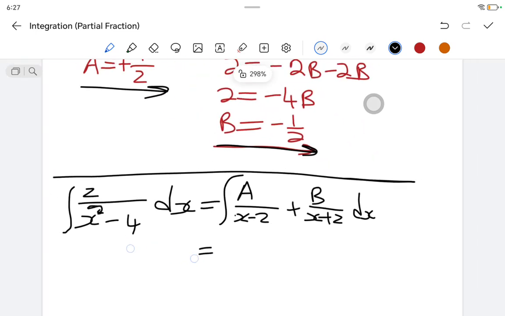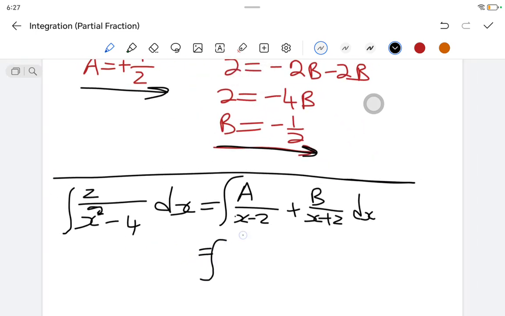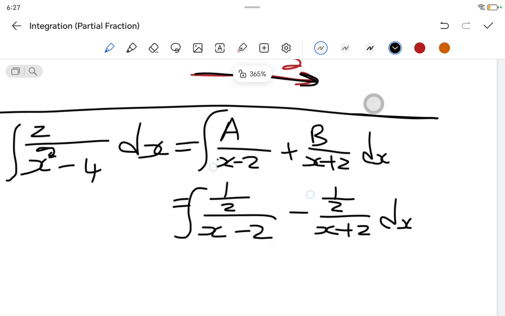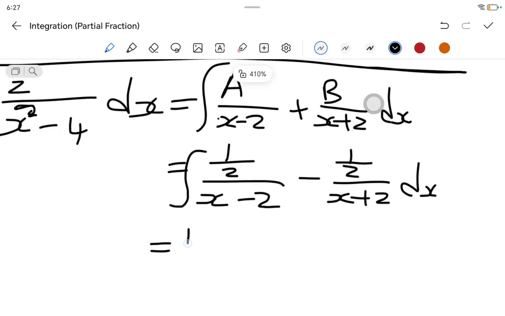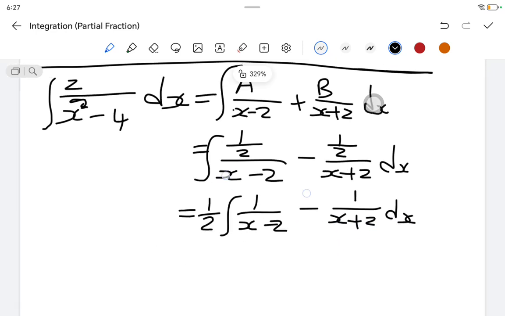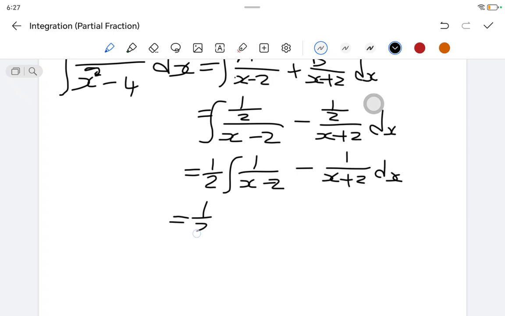This will be equal to, our a is positive 1 over 2, and then our b is negative 1 over 2. So we're going to factor out the 1 over 2, 1 over x minus 2 minus 1 over x plus 2 dx. Then this will just be 1 over 2. Then we distribute these.